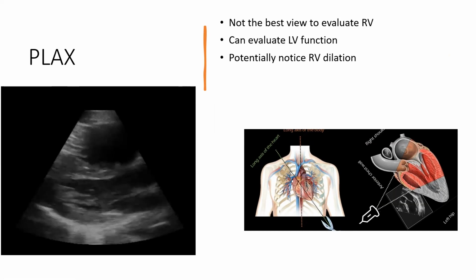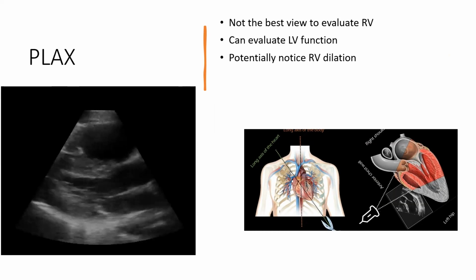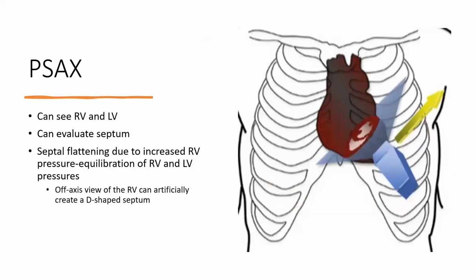Next, we're going to rotate our probe 90 degrees clockwise and get to a parasternal short axis view. Again, this demonstrates how the plane of cut works. This is going to allow us to look at the level of the papillaries or the level of the mitral valve, and get a good view of the left ventricle and the right ventricle in short axis.